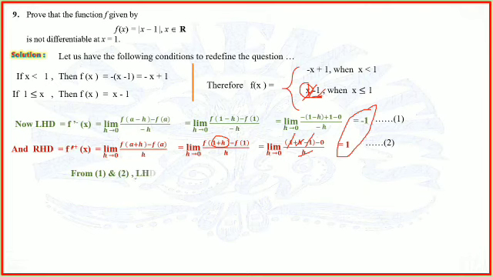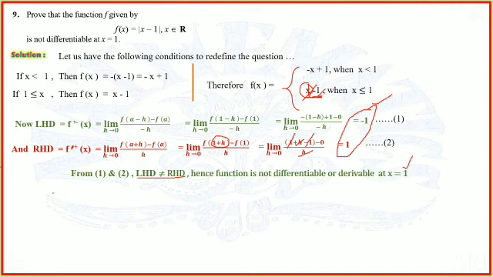From 1 and 2, since left hand derivative is not equal to right hand derivative, hence function is not differentiable or derivable at x is equal to 1. That was the point we have taken. So dear children, one thing now you must notice here.